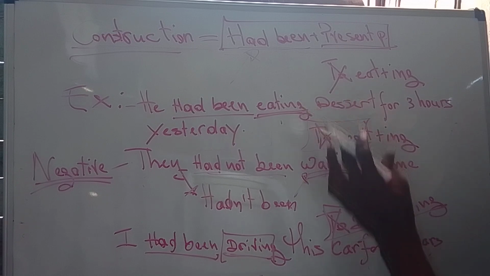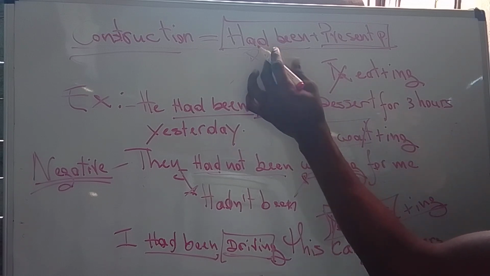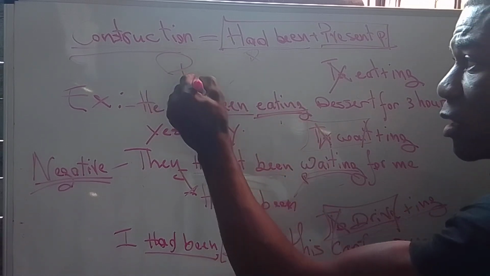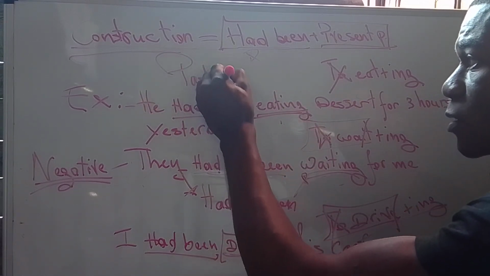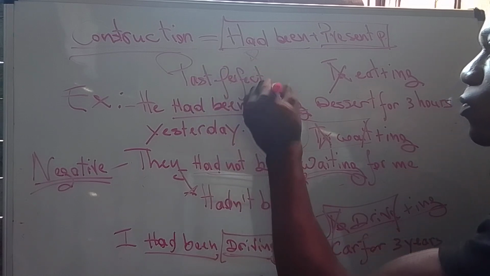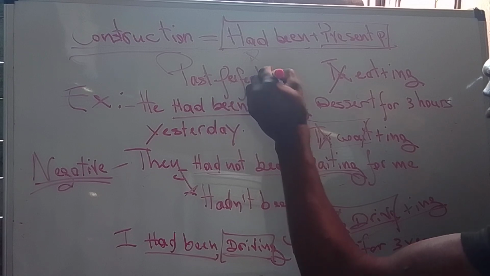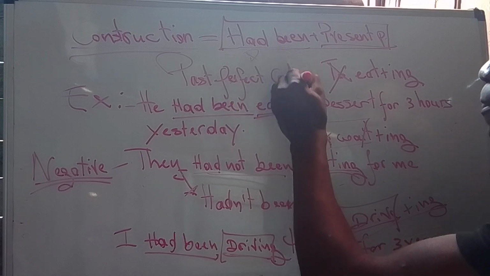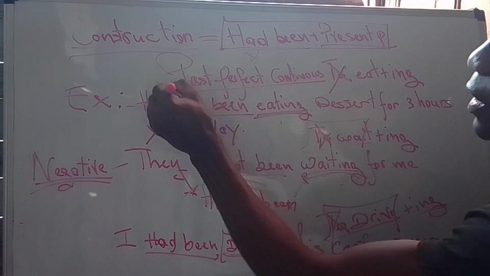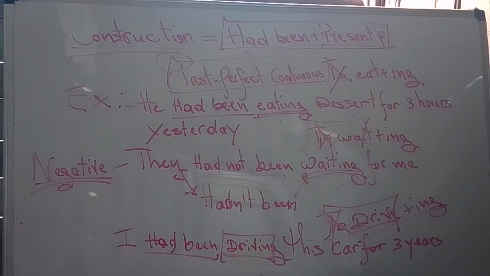Okay? Make sure you understand, guys. That's the construction of the past perfect continuous with the present participle. Don't forget that we are doing the past perfect continuous. That's what we are doing here. Make sure you understand because it is really easy.